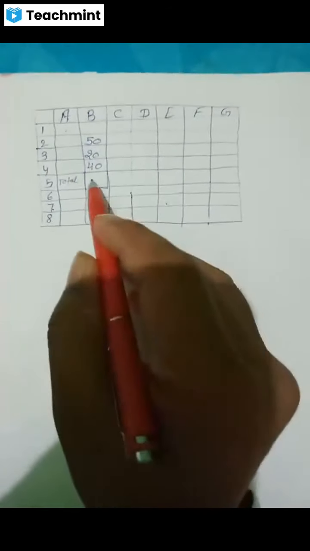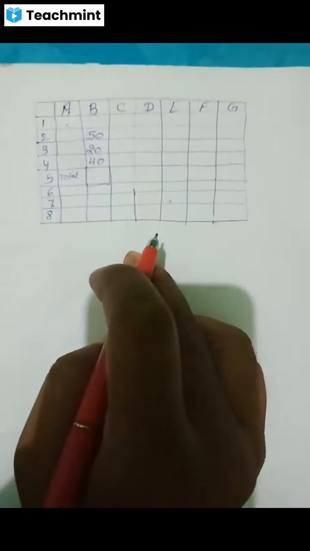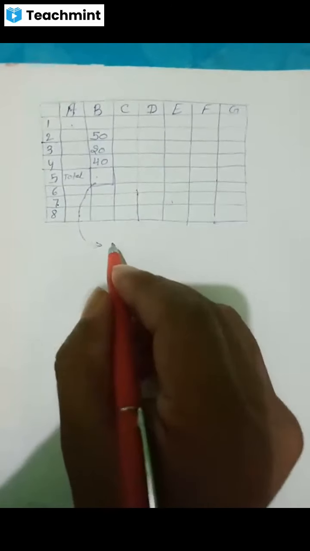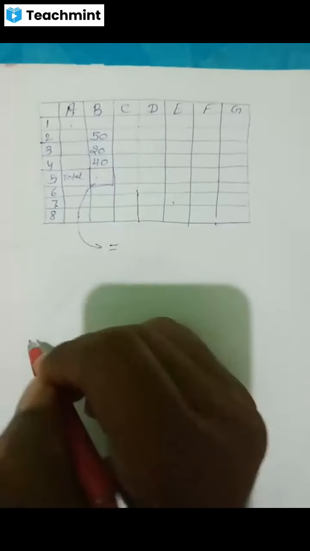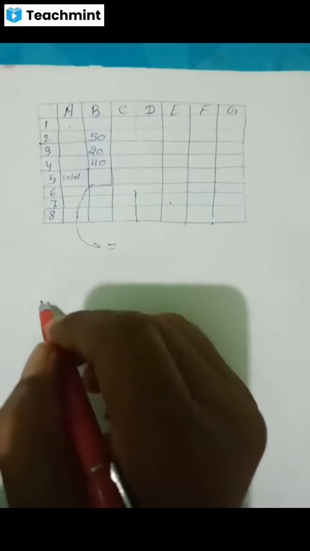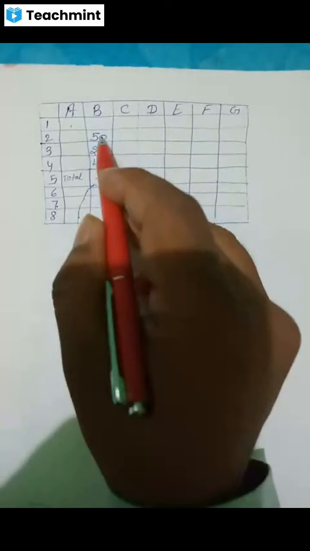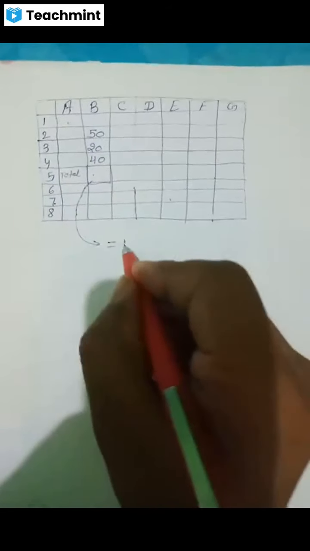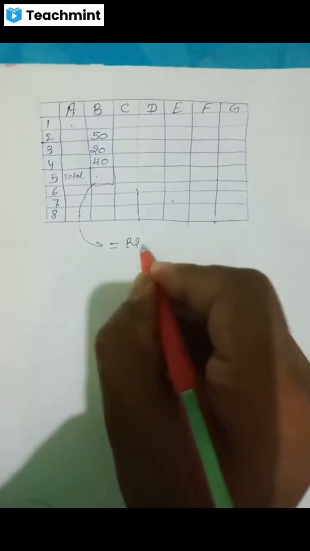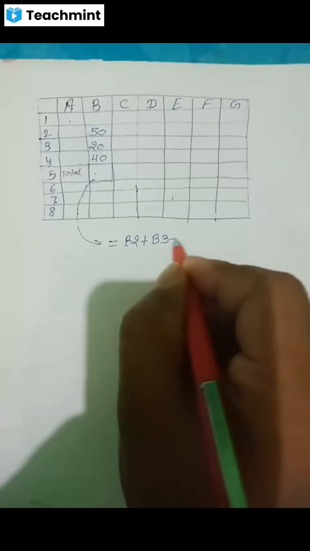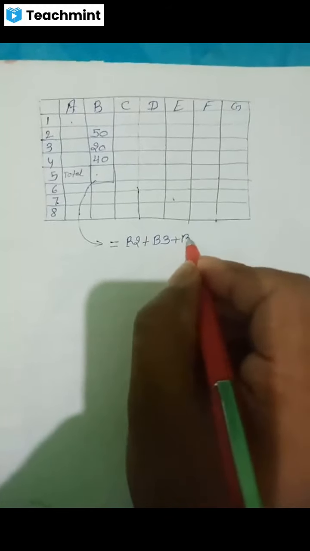Okay. So if you want to get the total, then I am writing here, but you think in this cell, okay? Because the cell is very small, so I am writing here. First write equal, okay? After writing equal, put the cell names here: B2 plus B3 plus B4.